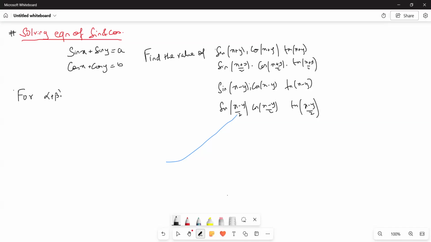For alpha plus beta relations, let's say case one, what we do is in both equation 1 and equation 2, we apply transformation formulas.